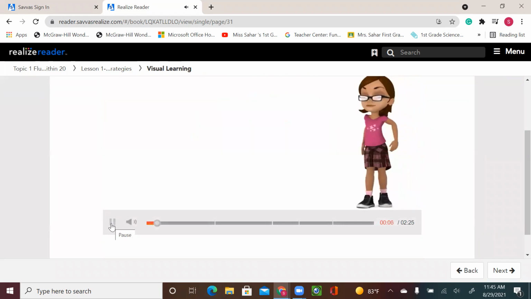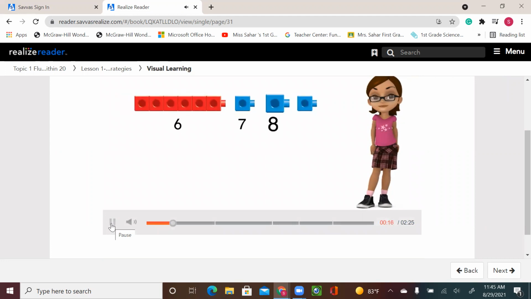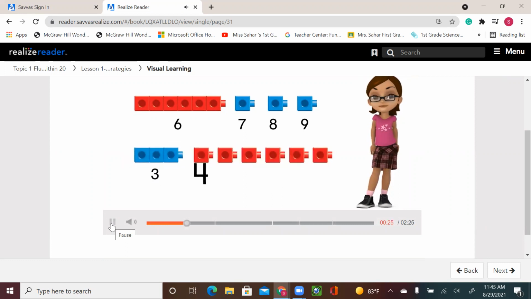You know how to count on to find a number. You can count on to find 6 plus 3: 6, 7, 8, 9. Or count on to find 3 plus 6: 3, 4, 5, 6, 7, 8, 9.